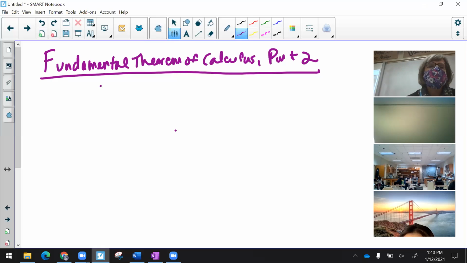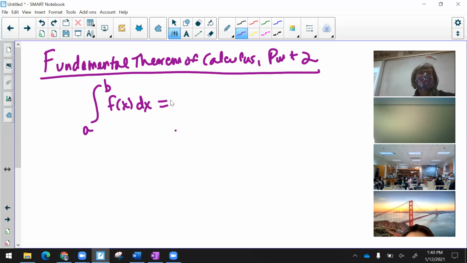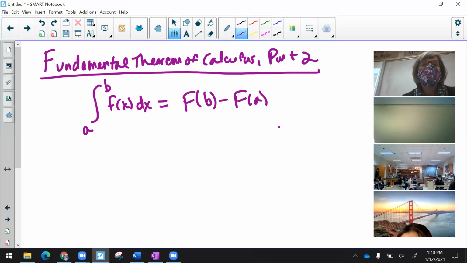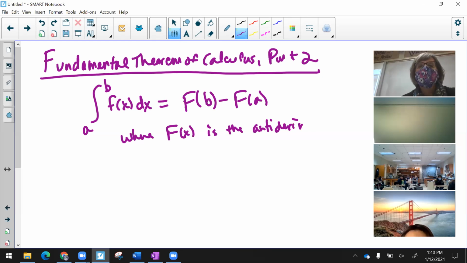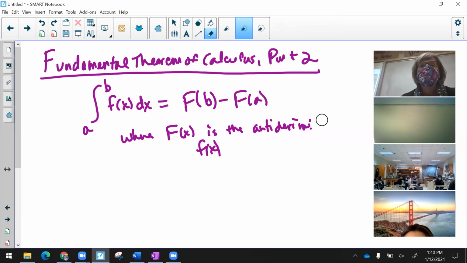Which is to say that if I take some integral from a to b of f of x dx, this is equal to F of b minus F of a, where capital F of x is the antiderivative of f of x. And let me write out antiderivative more clearly.